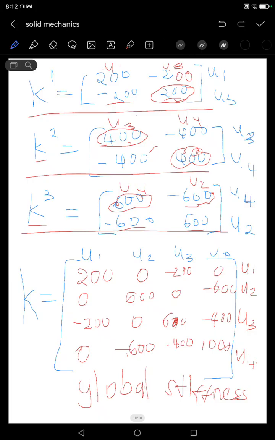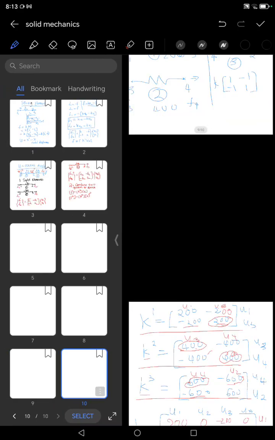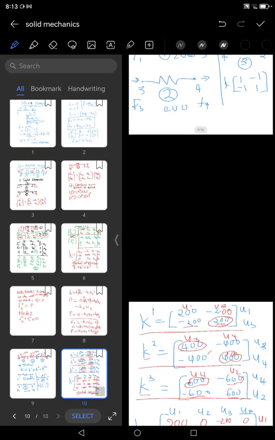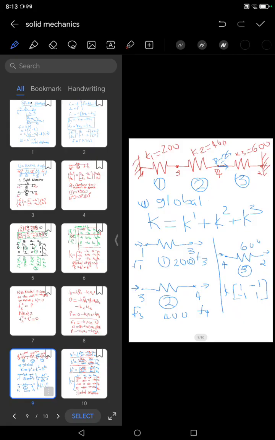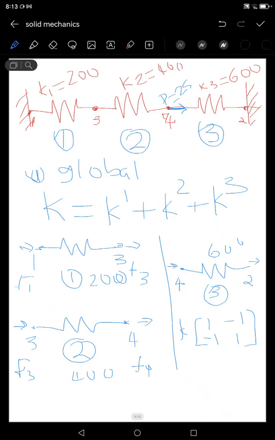And then get the boundary condition. When we're talking about the boundary condition, we're talking about node 1 being connected to the wall, and node 2 also being connected to the wall, which means u1 equals 0 and u2 equals 0.